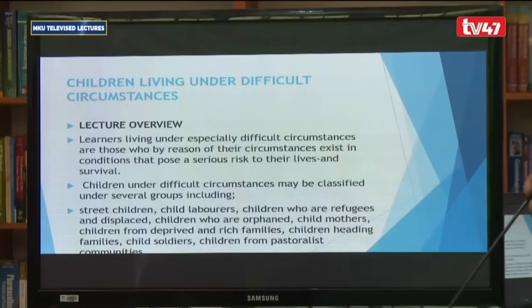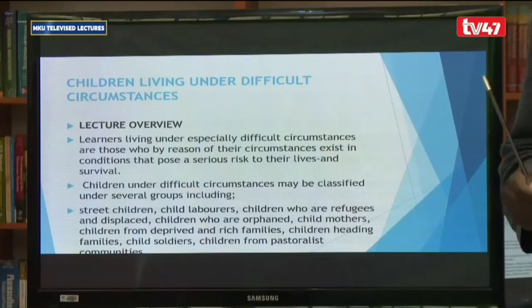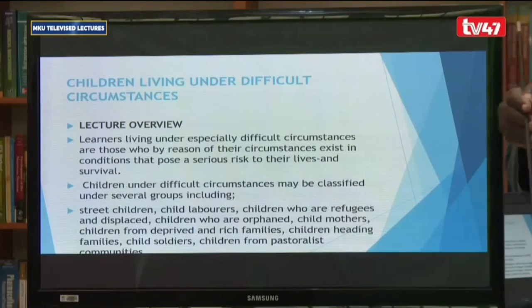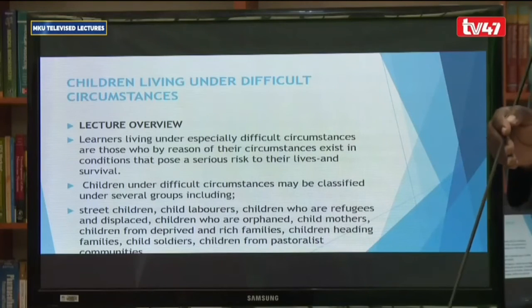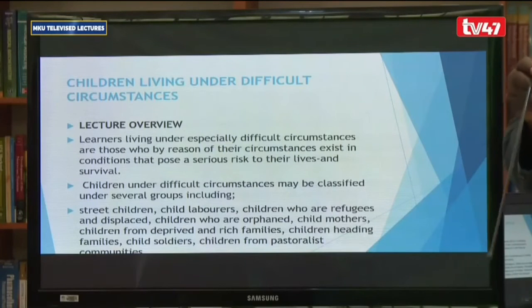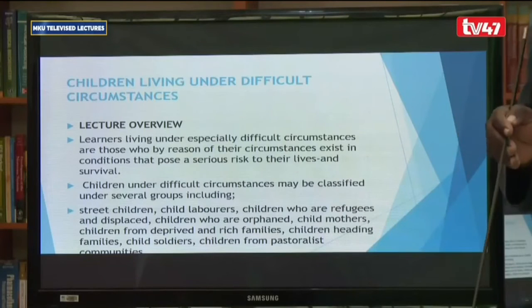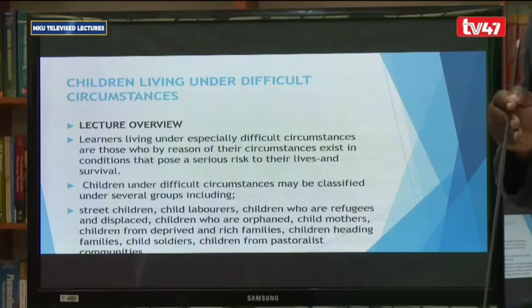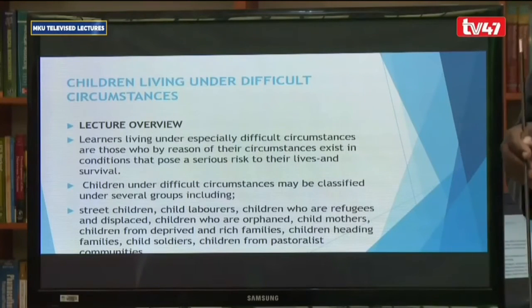Then we have also children from deprived and rich families. Children from poor families are also classified under risk or difficult circumstances because they are missing a lot of their basic needs.